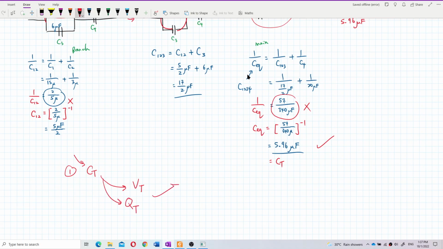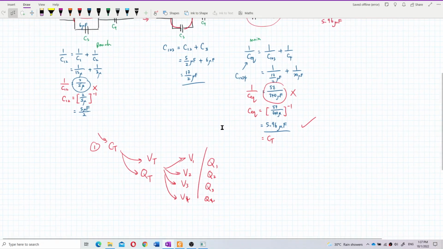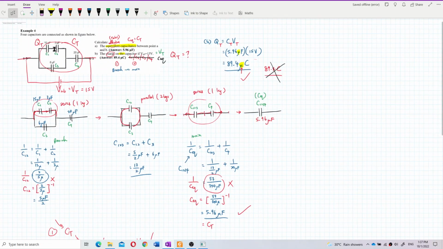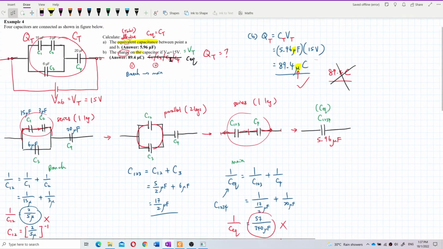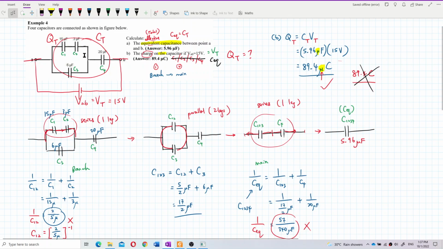After that you can get other things like V1, V2, V3, V4, or Q1, Q2, Q3, Q4 if you ask about individual capacitors. Right now this question is easy, just asking for the Q total. He hasn't asked about the charge in each capacitor.